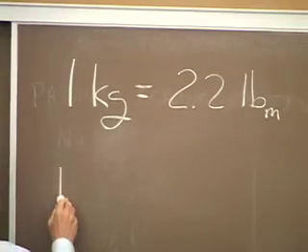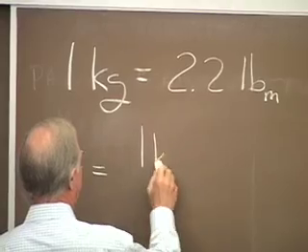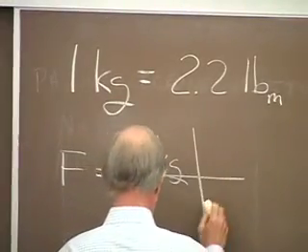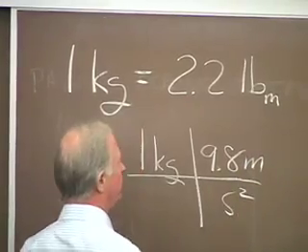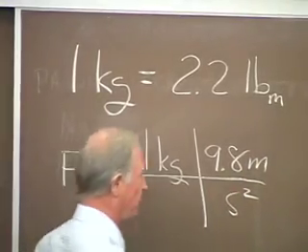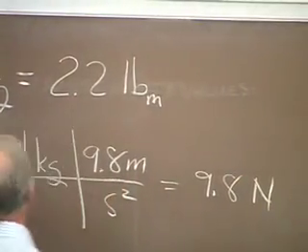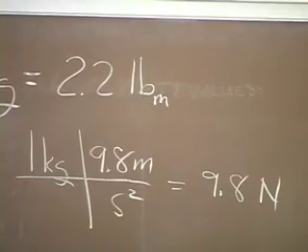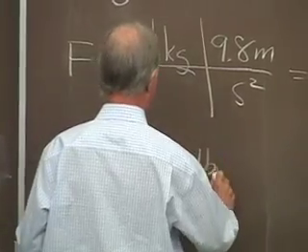So using Newton's law, if we take a kilogram and we accelerate it in Earth's gravity field of 9.8 meters per second squared, we get 9.8 newtons.